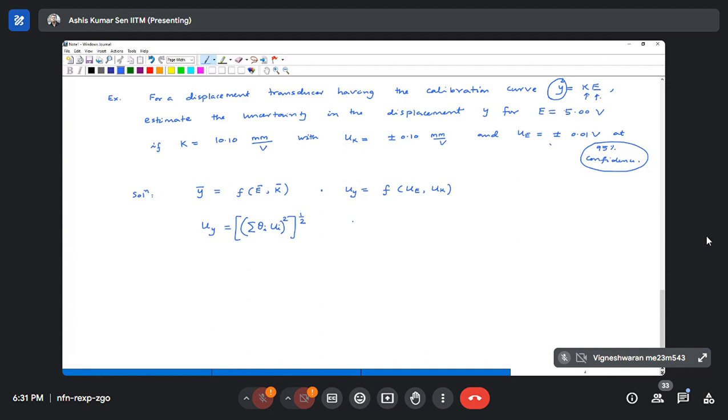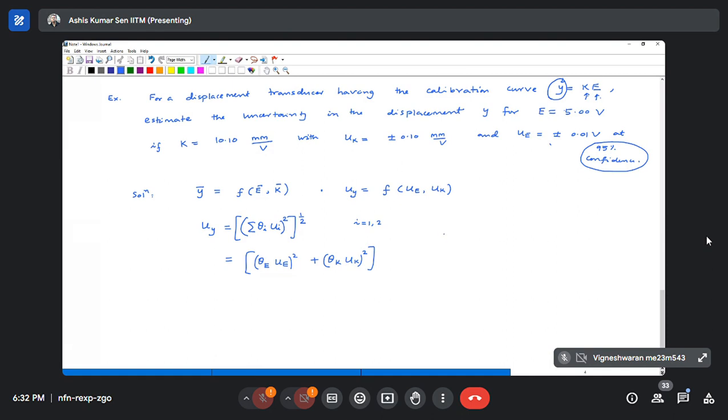Here your i is 1 and 2, you have voltage and the calibration constant. So you have theta E u E squared and theta k u k squared.